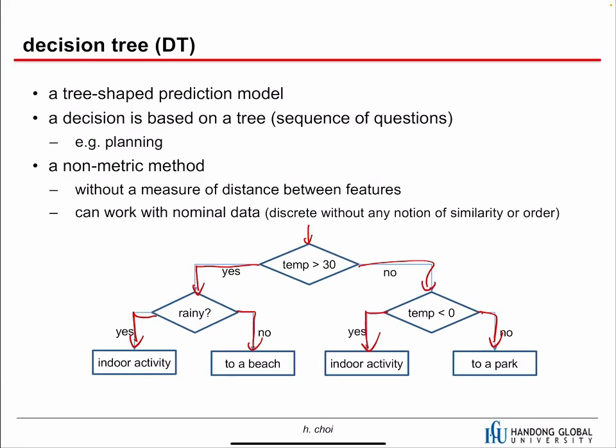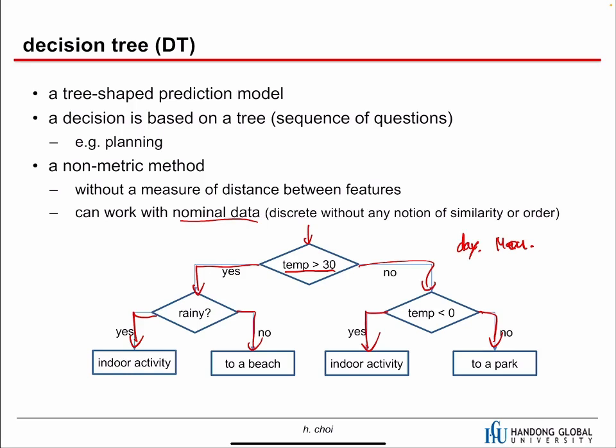And it can work with nominal data. Nominal data means it's something like categorical data. Instead of numbers, we can have some features like a day, like Monday, Tuesday, Wednesday, etc. So we cannot say Tuesday is greater than Wednesday, or vice versa.